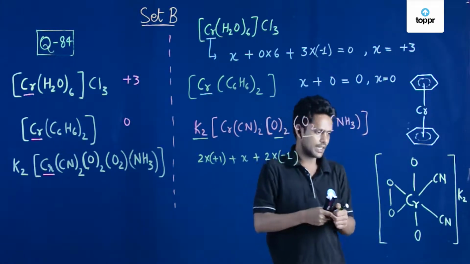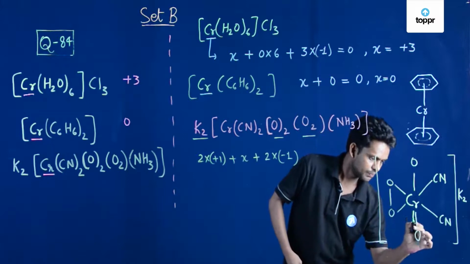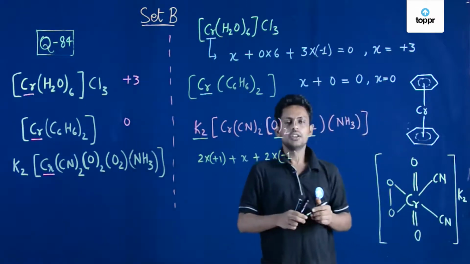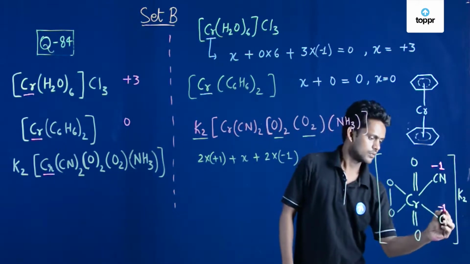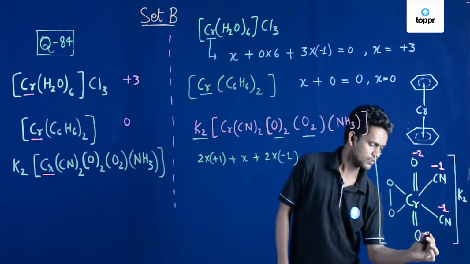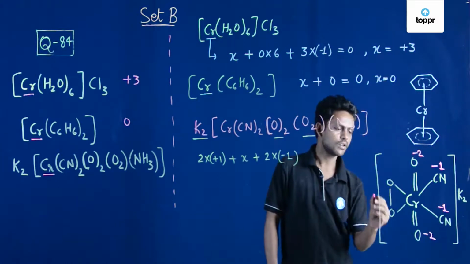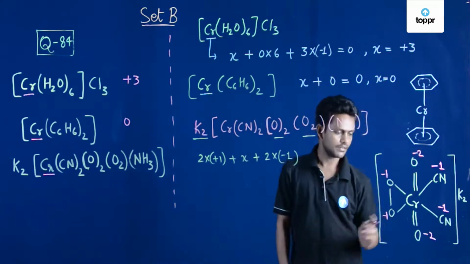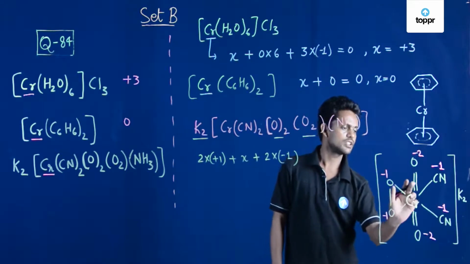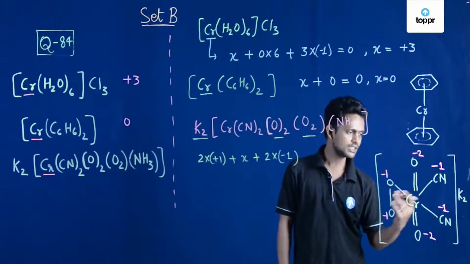If you look at this diagram, what will happen? I should draw a double bond here. This will contribute -1, this will contribute -2, and this together contributes -2, that means -1 from this side and -1 from this side. This is forming 1 bond, this is forming 2 bonds, this is forming 1 bond, so by this you can easily calculate.